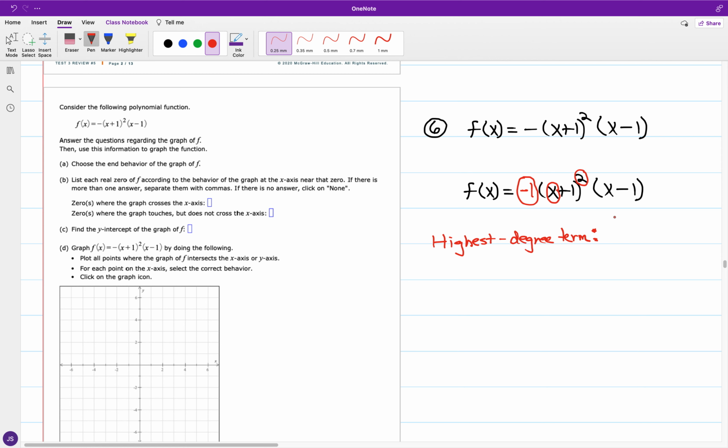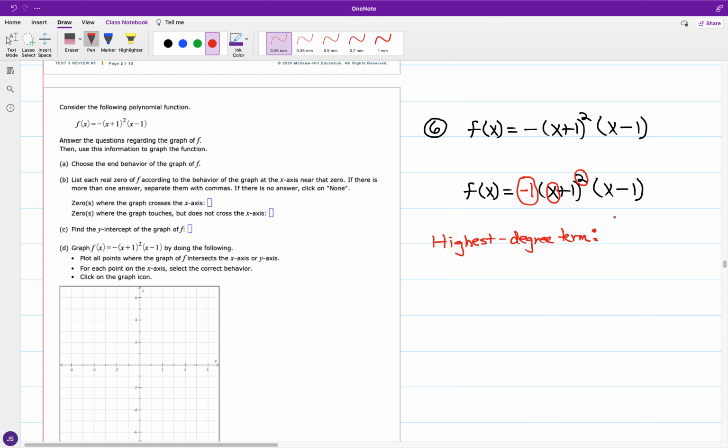And just carrying out what we have here: -1 at the front, x to the second. So we have x squared and x to the first, which is just x. So your product is going to be negative x cubed. I'm just going to stress the coefficient, so this would be negative 1 x cubed.